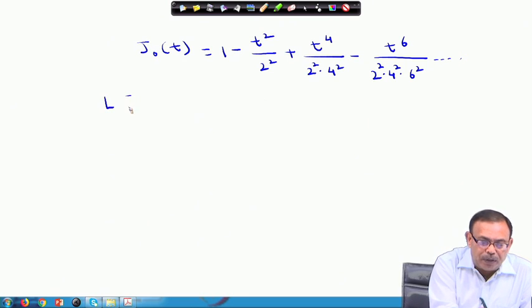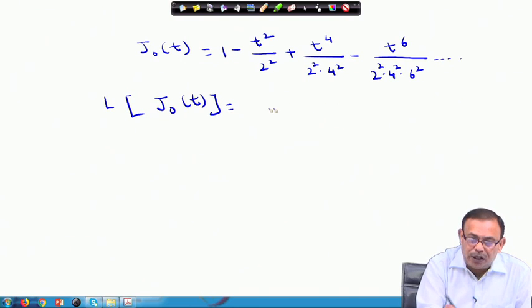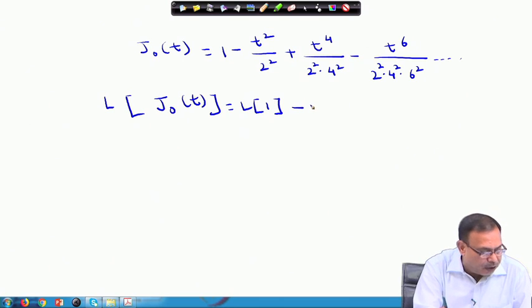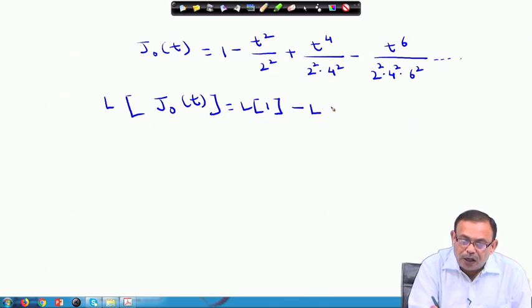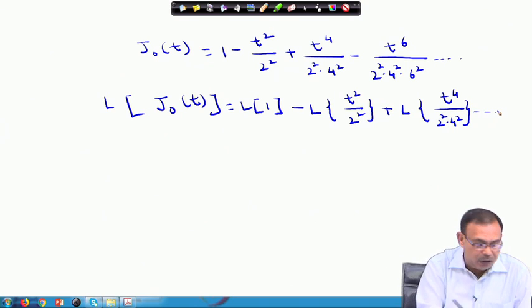So, what will be the Laplace transform of J0(t)? Using the linearity property I can write this as the Laplace transform of 1 minus the Laplace transform of t square by 2 square plus the Laplace transform of t to the power 4 by 2 square into 4 square, and it will continue this way. And I know the Laplace transform of each of them.